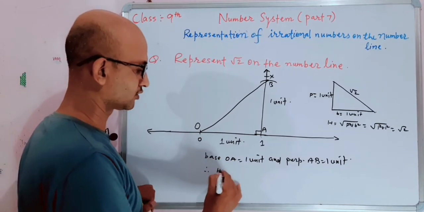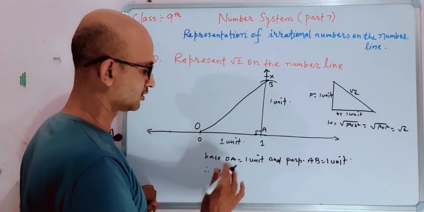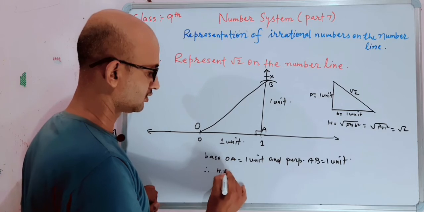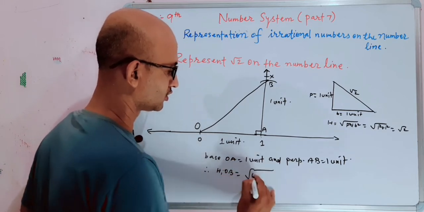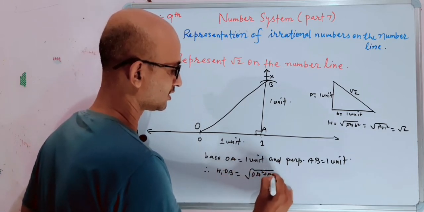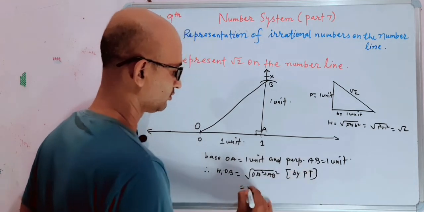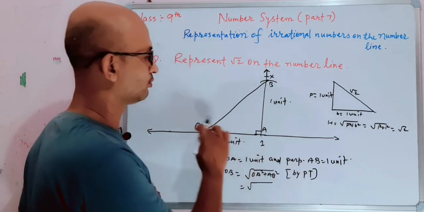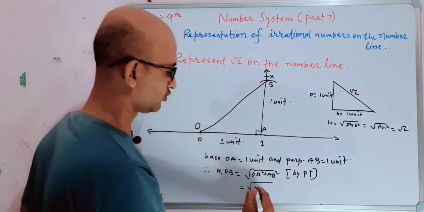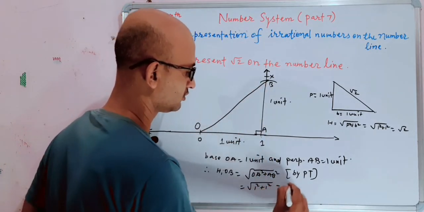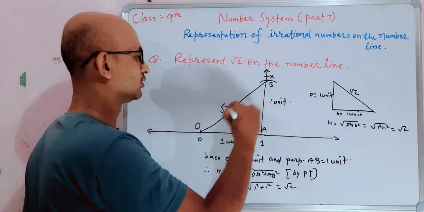Therefore, by Pythagoras theorem, hypotenuse OB is equal to the square root of OA square plus AB square. So we get hypotenuse OB of this right angle triangle OAB equal to root 2 units.